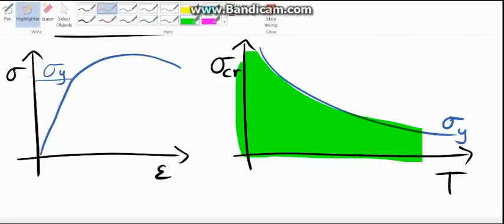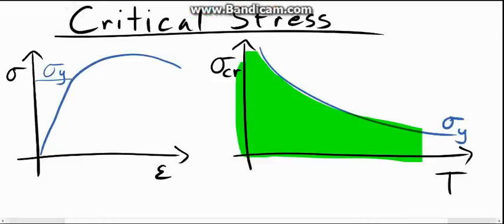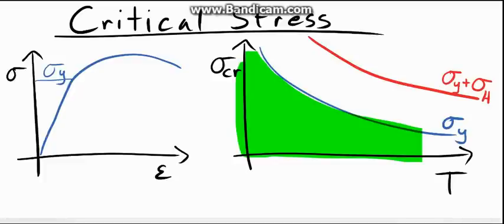And we also learned last class that we have strengthening mechanisms in crystalline materials where we can take that yield stress and increase it by using different hardening mechanisms, such as solid solution strengthening, precipitation, cold working, things like that.